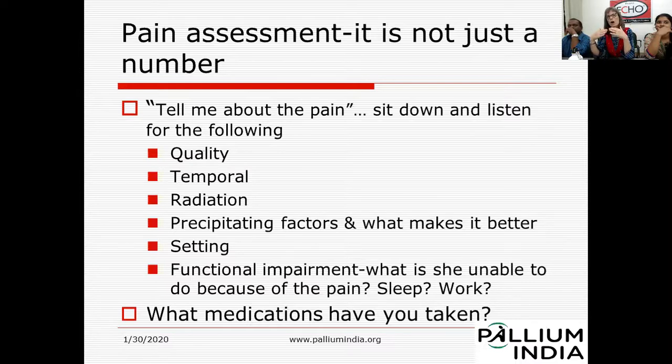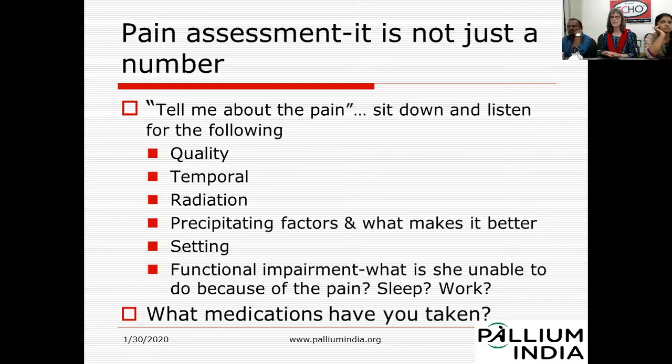You can see all the boxes that I am listening for, but I do not do a checklist method. I don't say, tell me the quality, tell me when it happens, tell me where it goes.